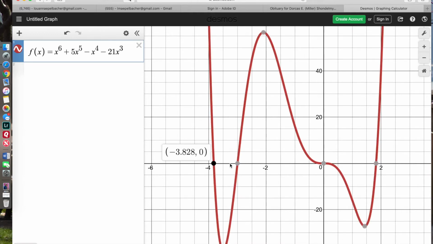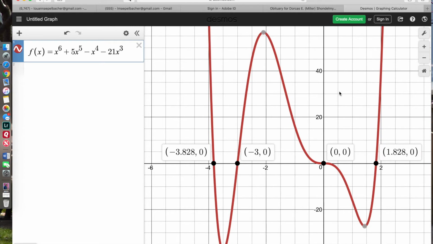So you've got 1, 2, 3, 4 x-intercepts or zeros. Notice that this one right here, 0, 0, is a triple root. So that means that you've got 1, 2, 3, 4, 5, 6 zeros.